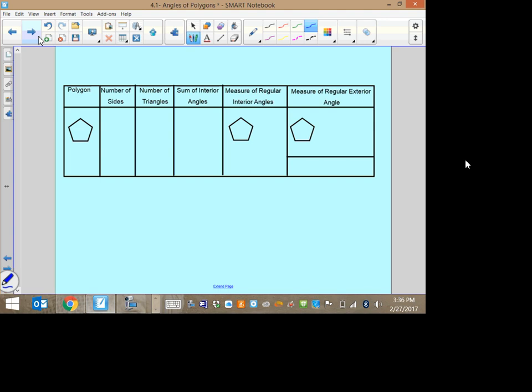5 sides. We can split this into 3 triangles. So then the sum of the interior angles, we're going to take our 180 times our 3. And note that our 180 comes from the sum of the interior angles of a triangle has to be 180. So we multiply that by 3, and we get 540 degrees.